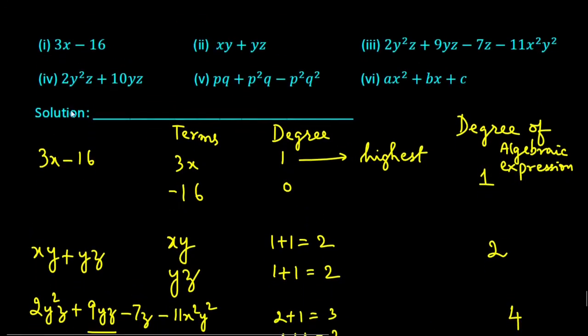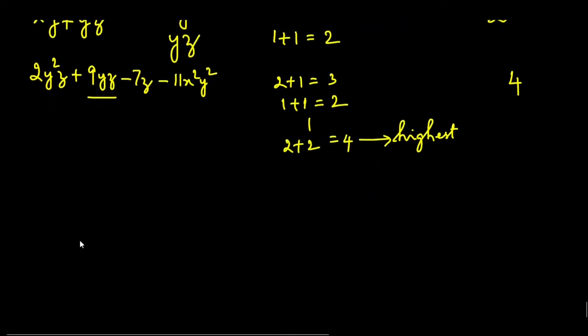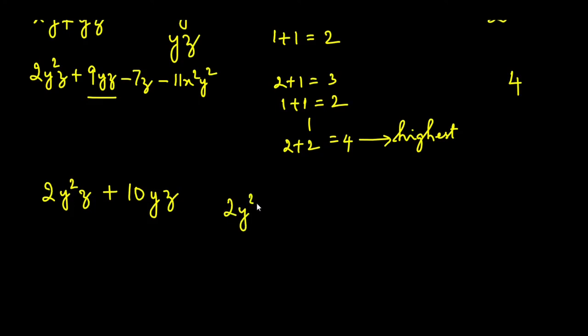Then fourth one, 2y square z plus 10yz. We have two terms here, 2y square z and 10yz.